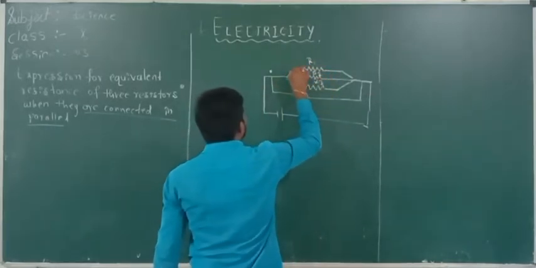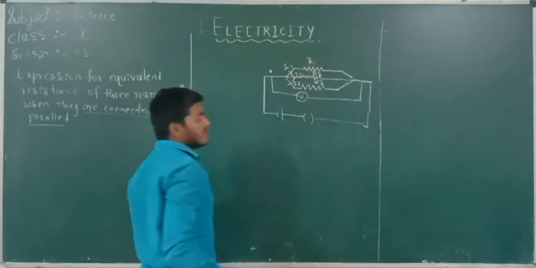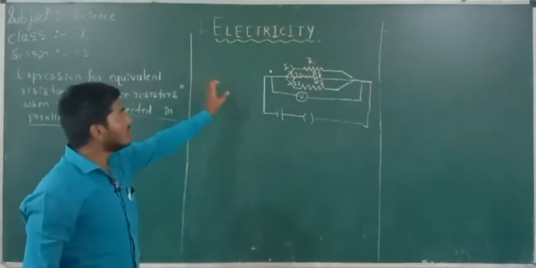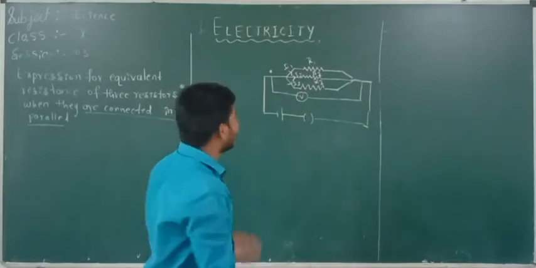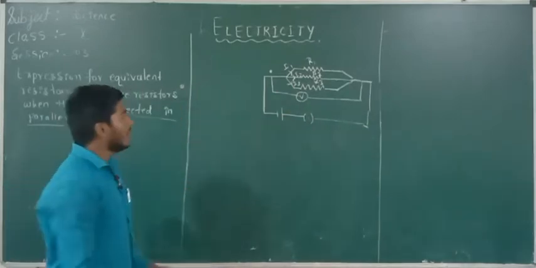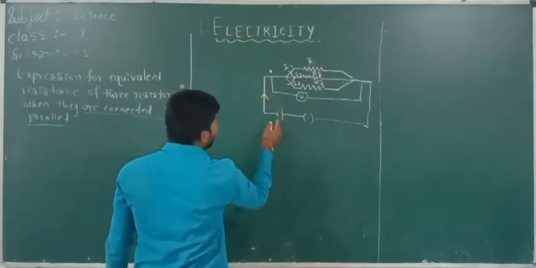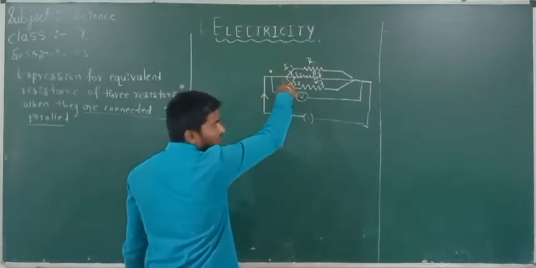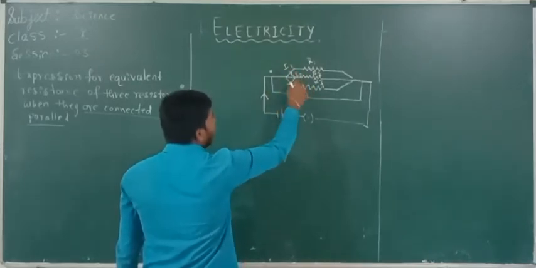Here it is I1, I2, I3. What happens in the series connection? The potential difference across the resistor will be variable, but here in the parallel connection, the current flowing through the circuit, because the current coming from the battery towards the resistors will be divided here. So that is I1, I2, I3.